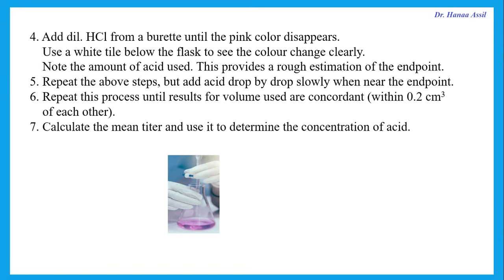We usually use a white tile below the flask to see the color change clearly. Note the amount of acid used. This is the rough estimation of the endpoint. We repeat the steps by adding acid drop by drop slowly when near the end point, repeat until the results are concordant. Calculate the mean titer and use it to determine the concentration of the acid.